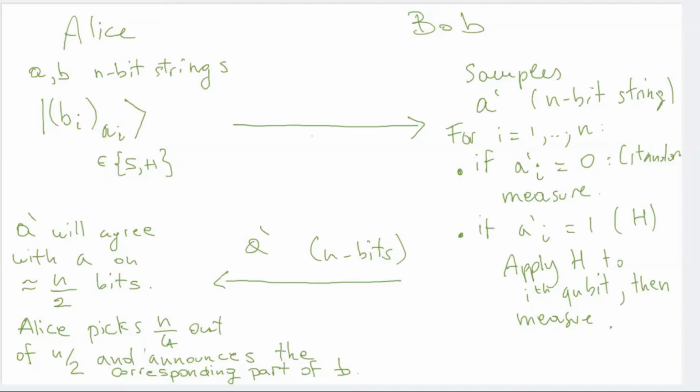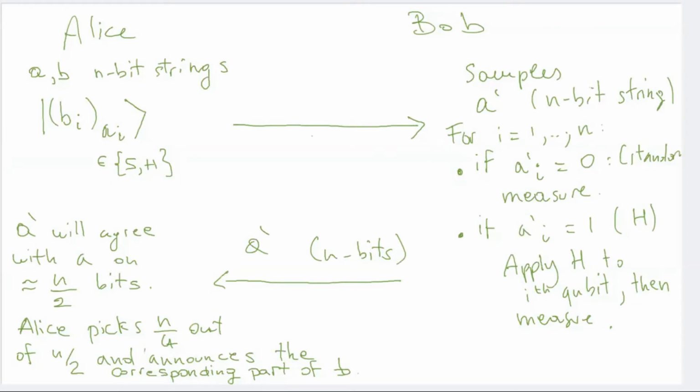That's correct. So to make one point clear, let's say that Alice is encoding a particular qubit in the state plus. Plus means that A_i is the Hadamard basis, so 1, and B_i is 0.